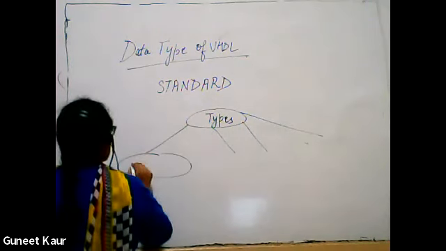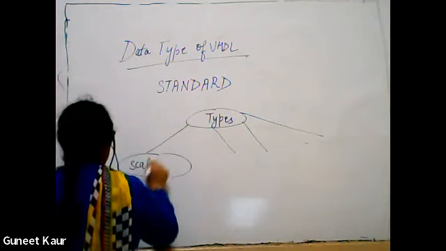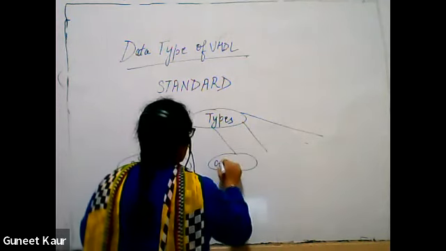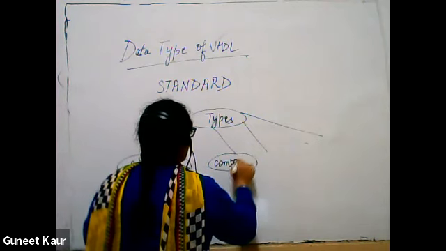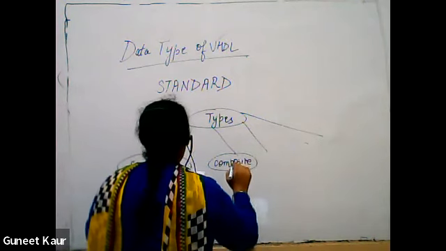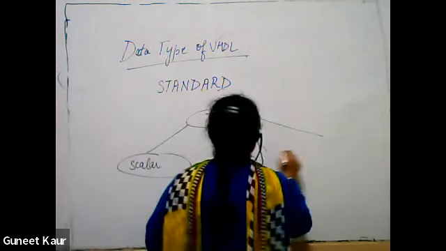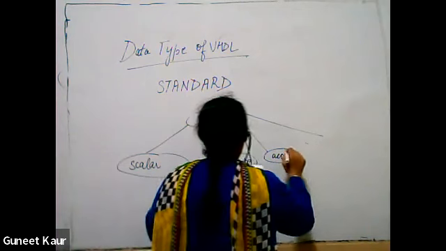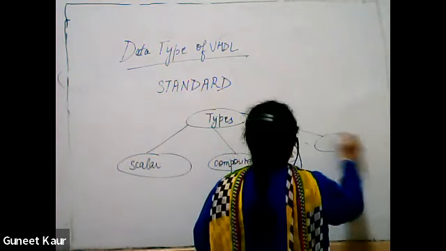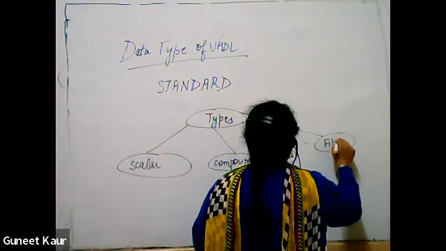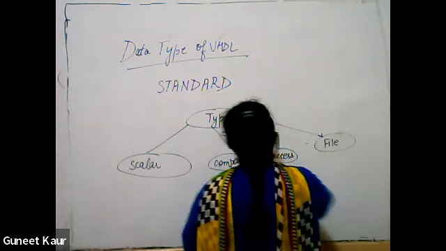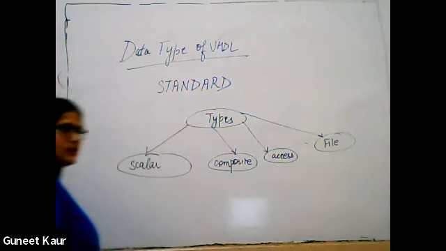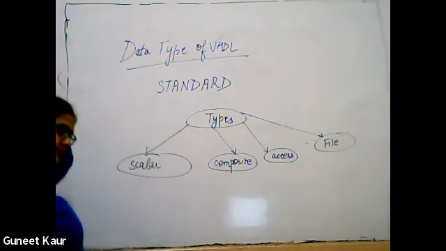First is scalar, second is composite, next is access, and last one is file. These are the 4 data types into which they are broadly classified.